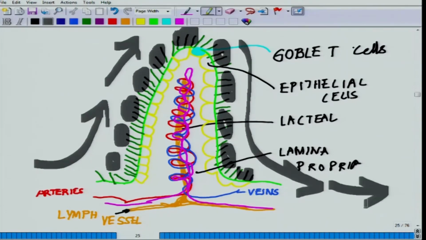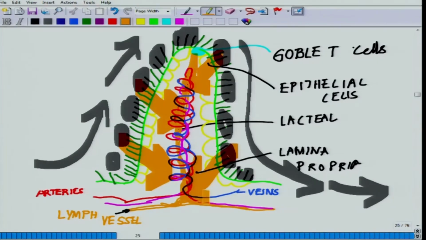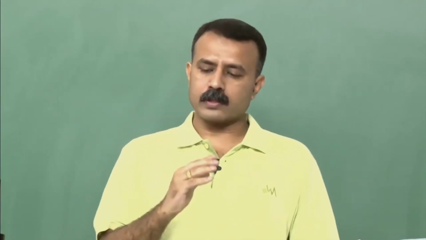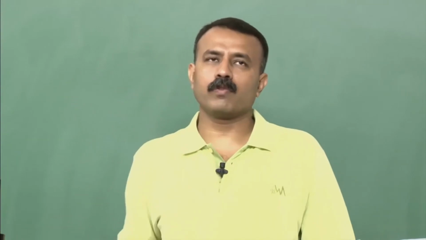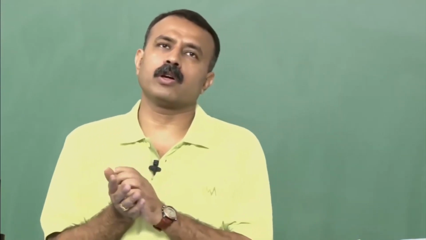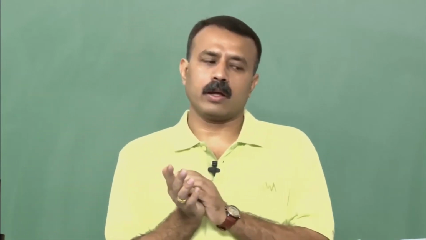And in that process, what is happening essentially is all the material which has to be absorbed is getting absorbed here, and is being taken up by the blood vessels and used for energy production. So, this is how the complete profile of the intestine looks, and this is how the intestine is absorbing all the different kinds of material along its surface.